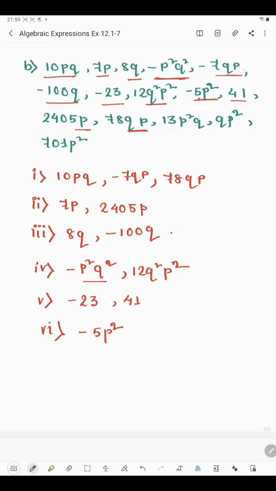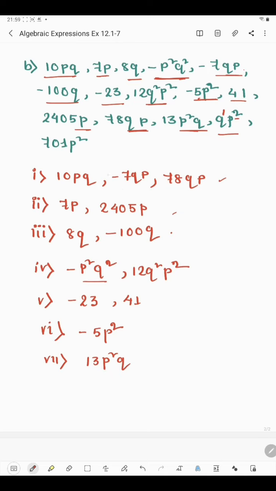Now next we have 13p square q. Now where do we have the p square q term? Here we have pq, p, q, q square p square and constant, and this is p square. That means we have not got the p square q term yet. So we will write this separately. Now next we have the q p square term. q p square means the power of q is 1 and the power of p is 2.